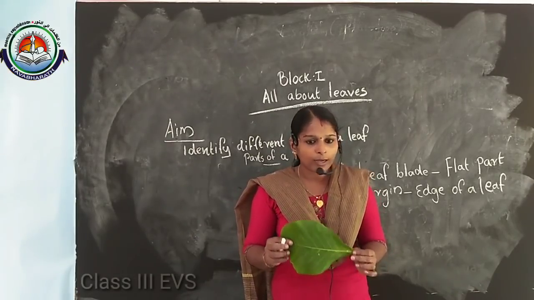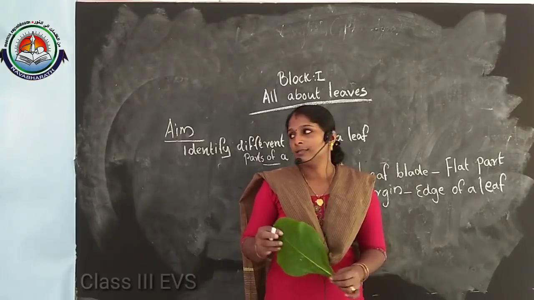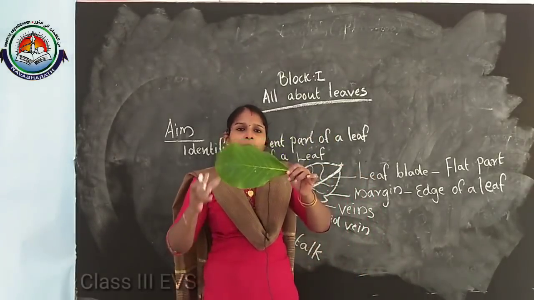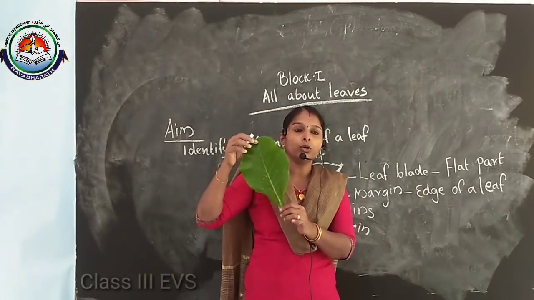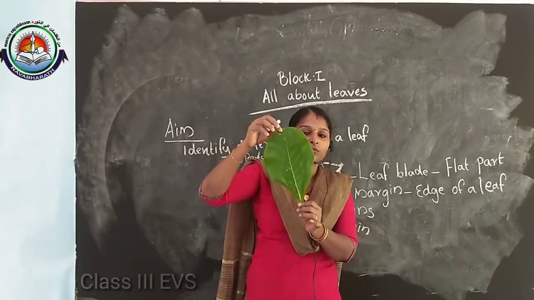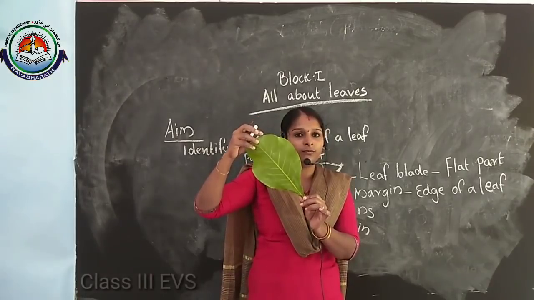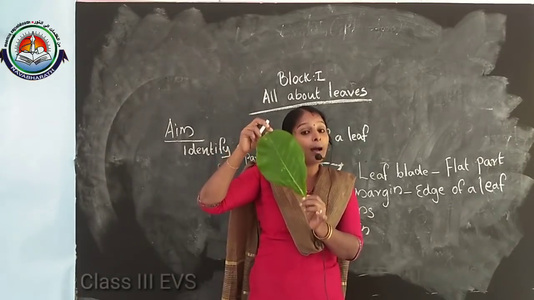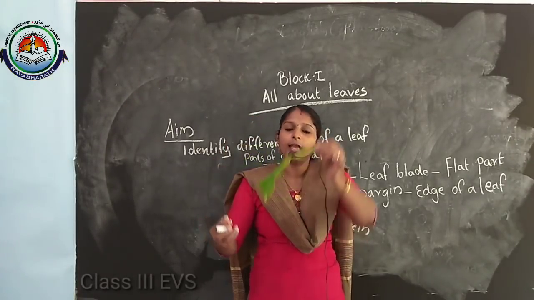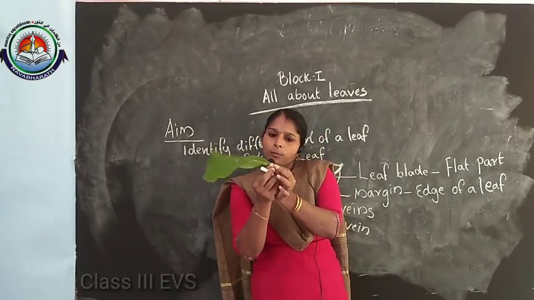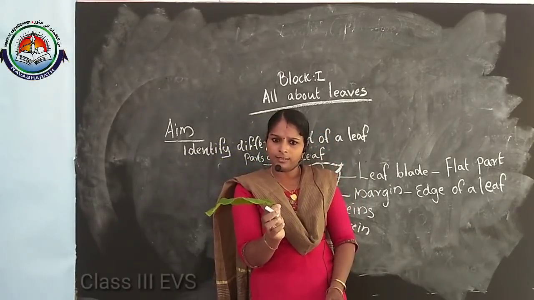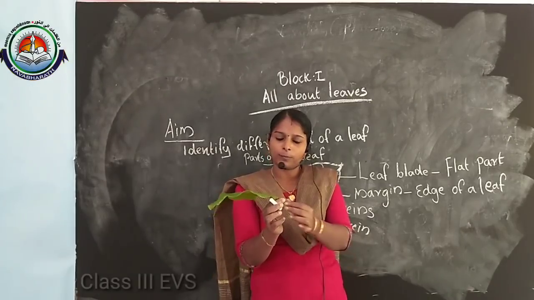Right? You can do the workbook. Yes. Now I am going to show you, you have to find the difference between these two sides of the leaf. Two sides means the upper side and the lower side. We know leaves grow on the plant like this, isn't it?